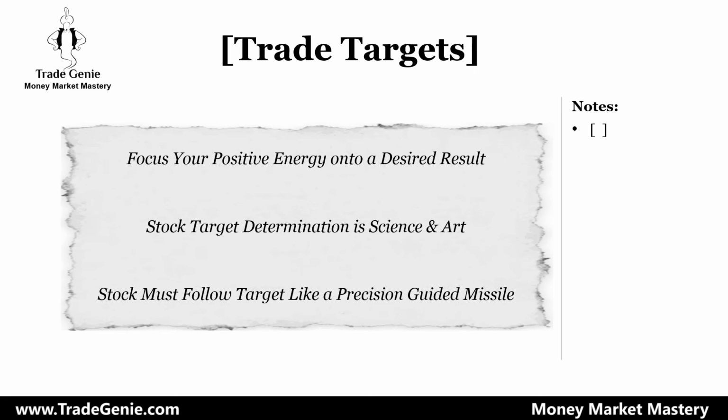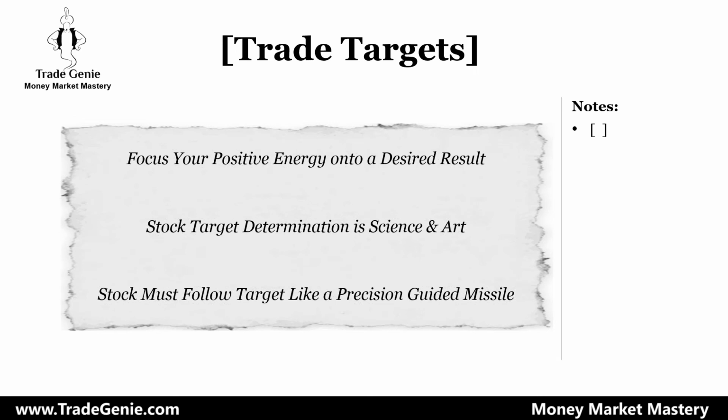In other words, if the stock is trading at 100 and the support is at 98, that's $2 away, and then the resistance is at 106. From 100 to 106 is 6. So 6 divided by 2 is 3. So that is your risk to reward: you're risking $2, and the target is 6 points.